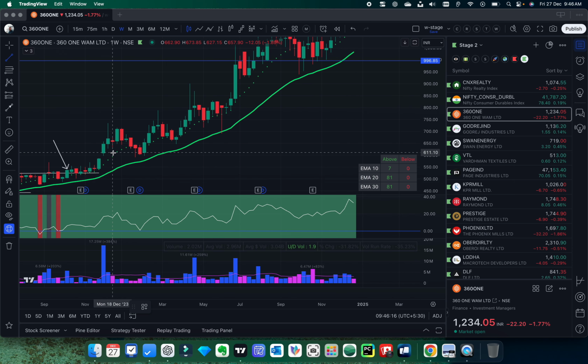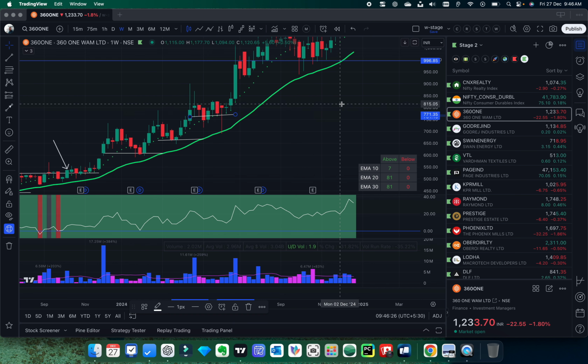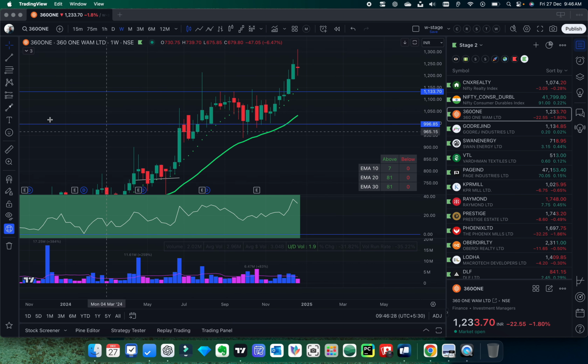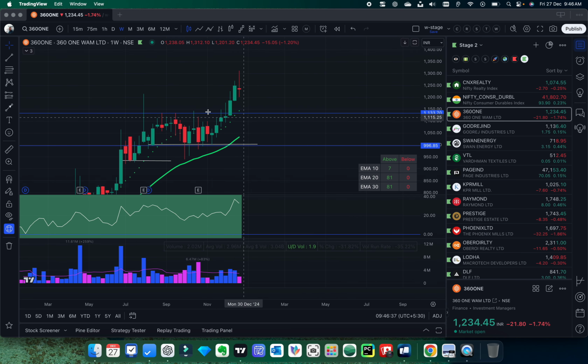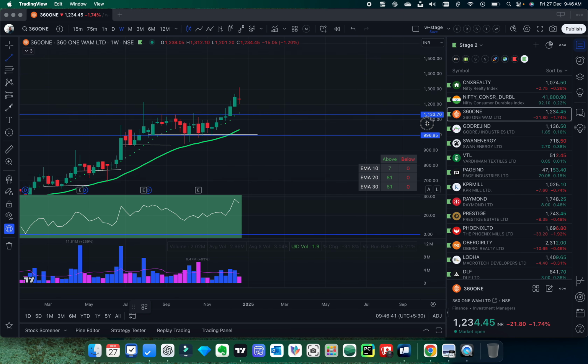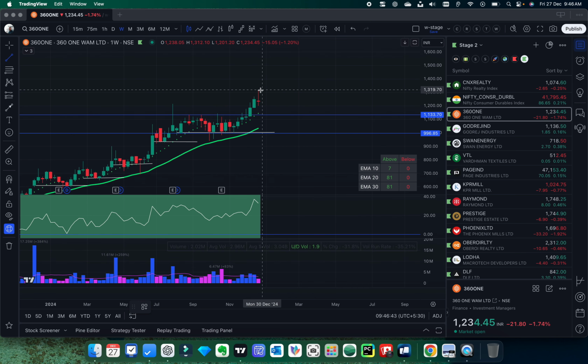If you notice, the stock is making higher highs and higher lows. This is a higher low, the next higher low is here, and more higher lows are here. This is a resistance, it has broken. So the stock is still in stage 2 and it's continuing.